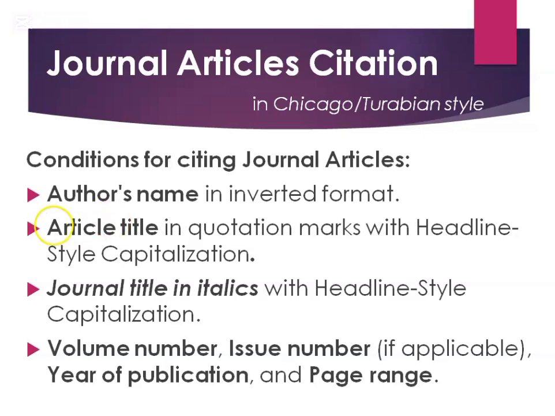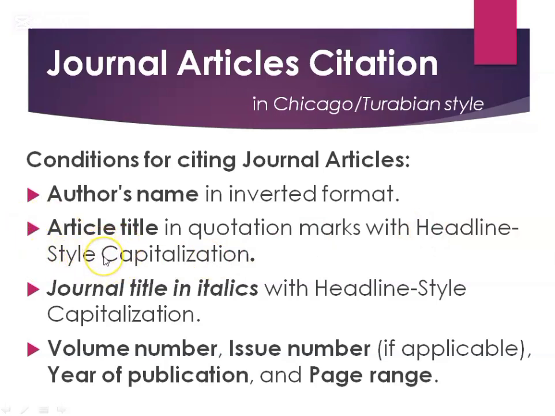All right. Now, after the author's name is the article title, which will be in quotation marks, with headline style capitalization. Headline style capitalization is title case, that is, the first letter of each word will be in capital, and as we have here, H is in capital, S is in capital, and C is in capital.